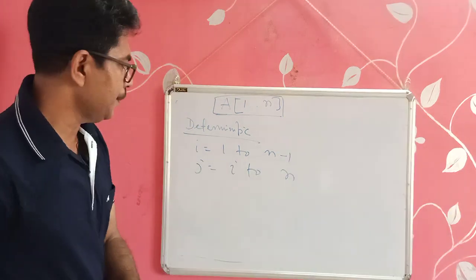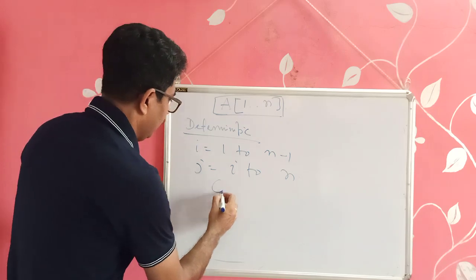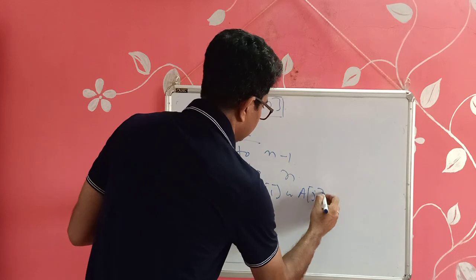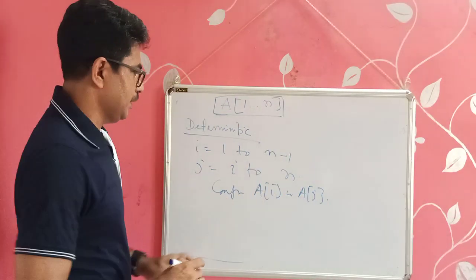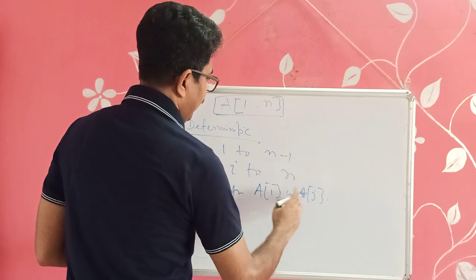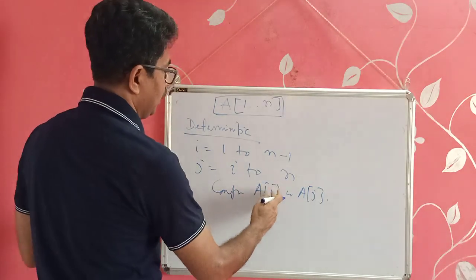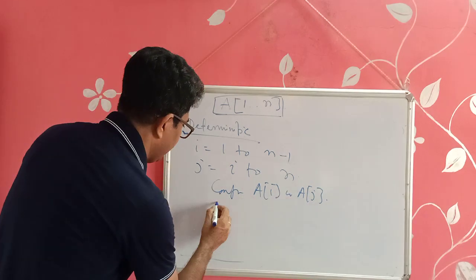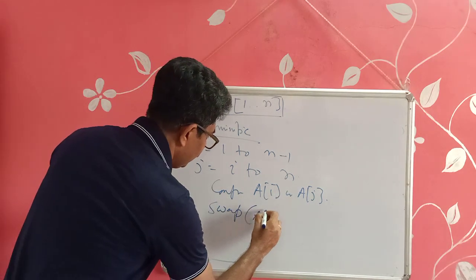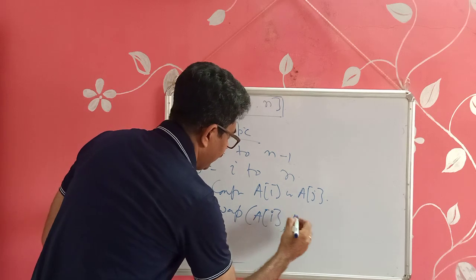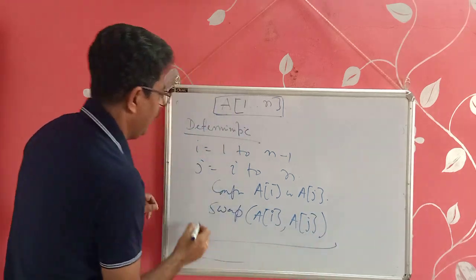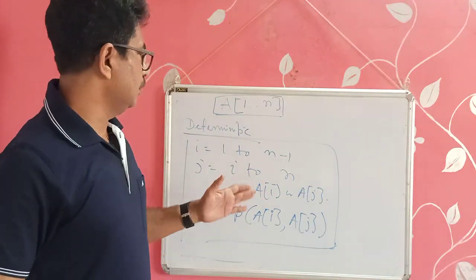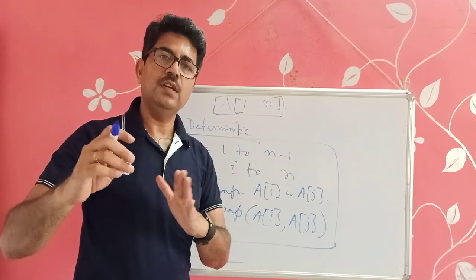We compare ai with aj, and if ai is greater than aj, obviously the position of ai will be after aj. Therefore, we swap the positions of ai and aj. If we continue this process, after a finite number of executions we will get a list in sorted order.